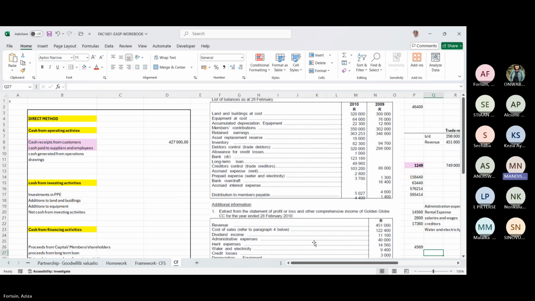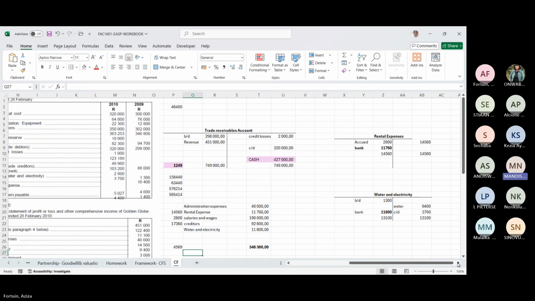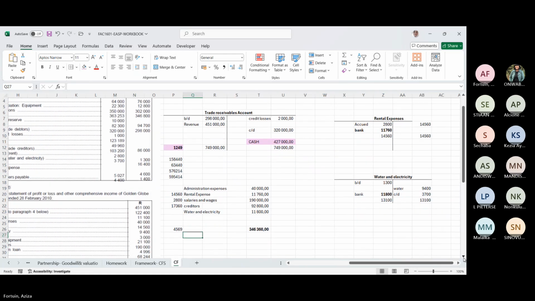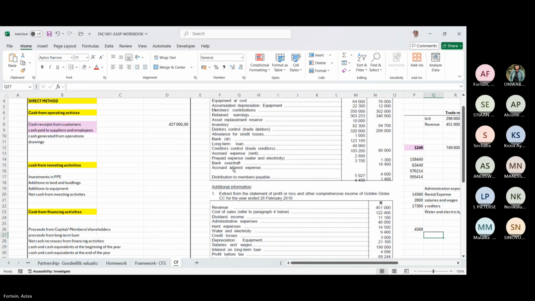Sorry, Miss Aziza. Yes, you're saying on accrued expense there's nothing there. Yeah, that line is empty. But I see 5,000. I wanted to also say that 5,027 plus 4,000 and 4,600.